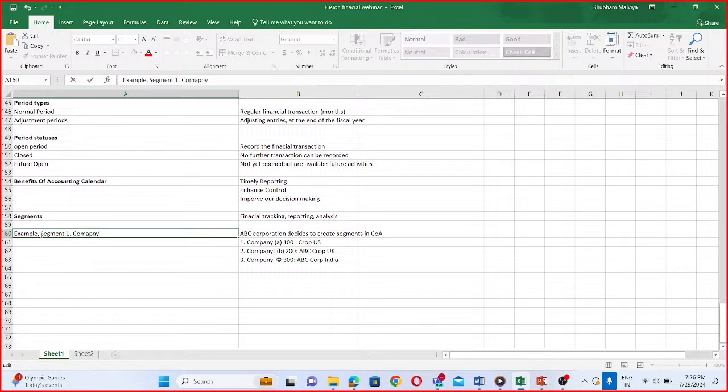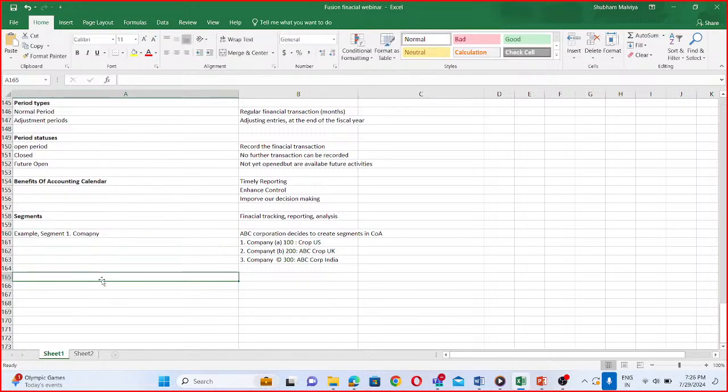Now let's take the second segment, that is cost center. Cost center represents departments or cost centers responsible for managing expenses.